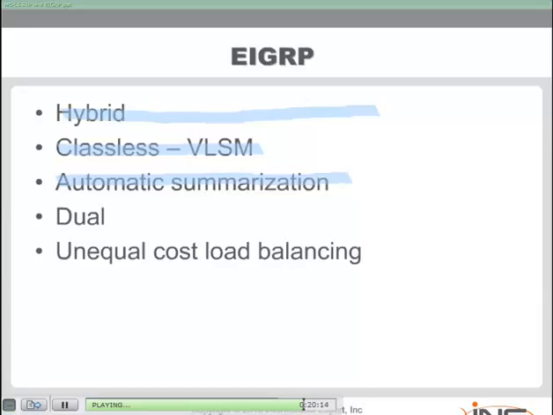Now, what's interesting is it's not just bandwidth and delay that it could use. Cisco allows it to use a load parameter. They also allow a reliability parameter. But Cisco says, don't ever do this. It's so funny. There's the load, the reliability factor.